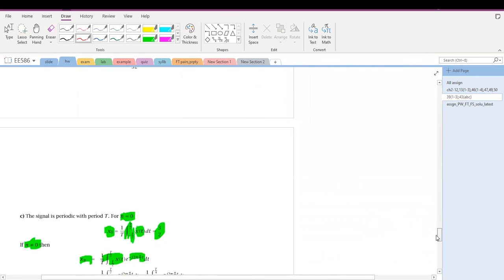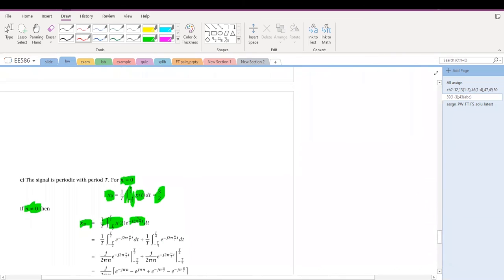So now use the formula here. When n equals 0, the Fourier series is 3 divided by 2 because e to the power j 0 equals 1. Remember that. When n is not equal to 0, we take this formula here. The period is T here.